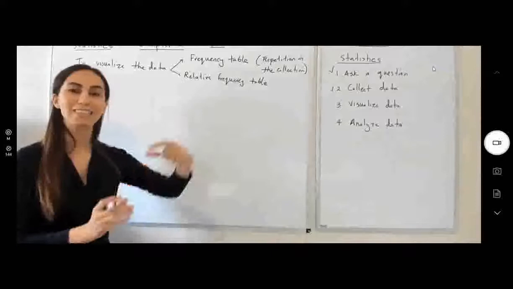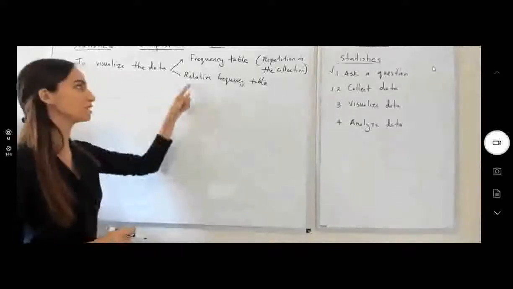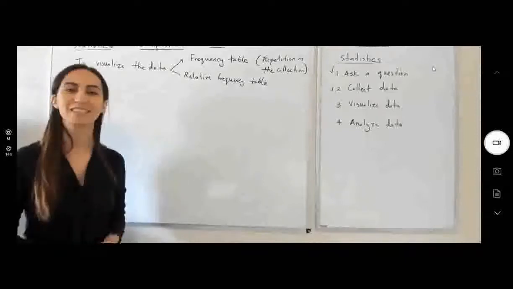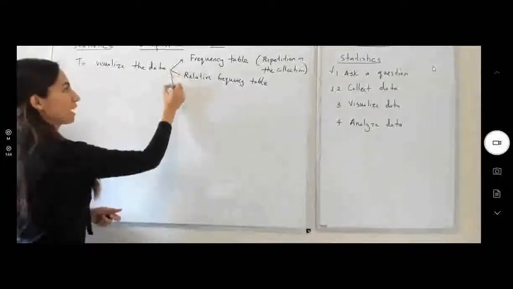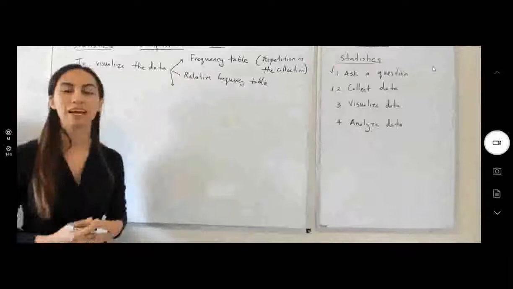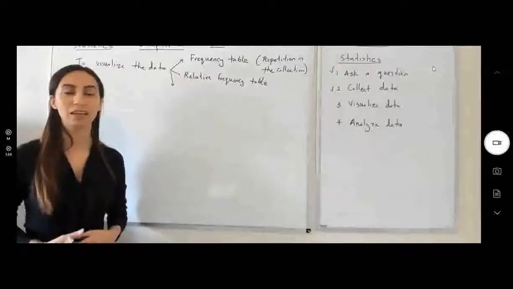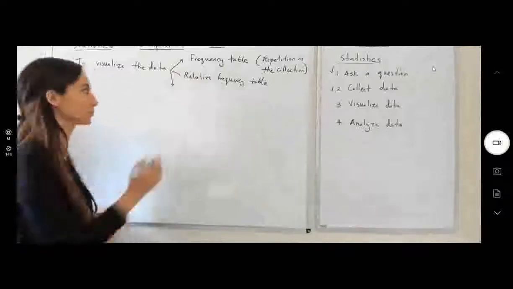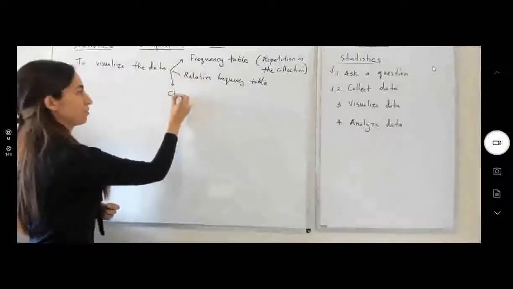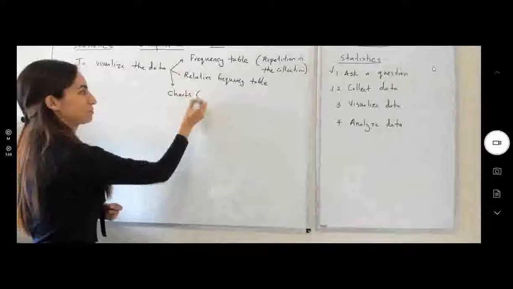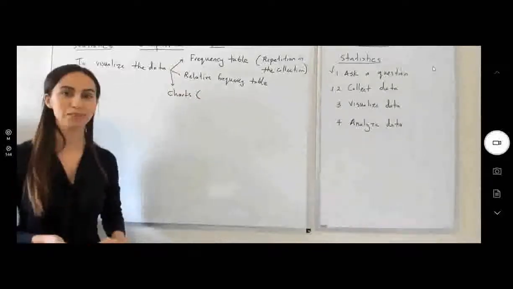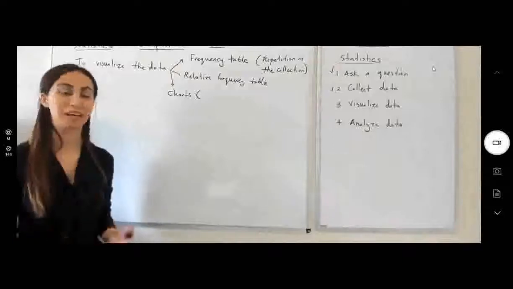It just has a new column with relative information, relative data. And finally, we can use a software and graph using different charts. We can use a pie chart, scatter plot, histogram, and so on.